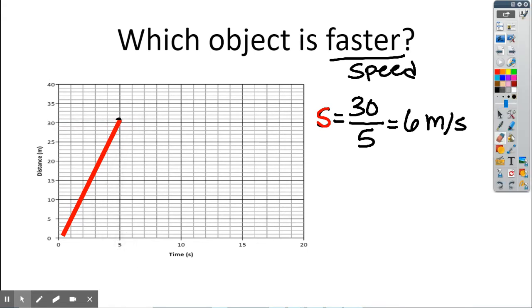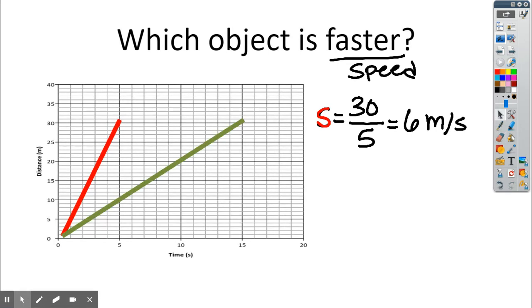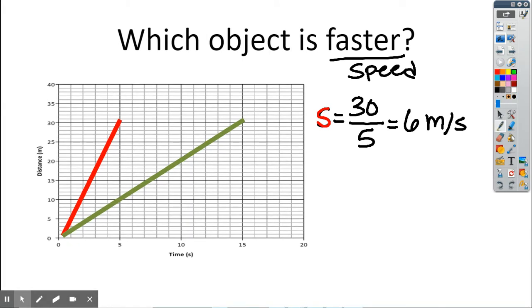Erase this stuff. Our green line went a total of, I'm going to go up here, it's about right here. I'm just going to put it on 30 as well.